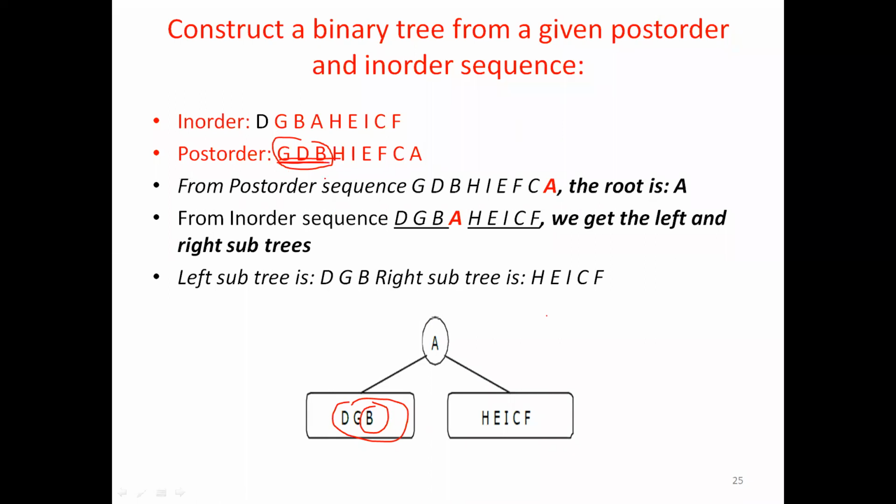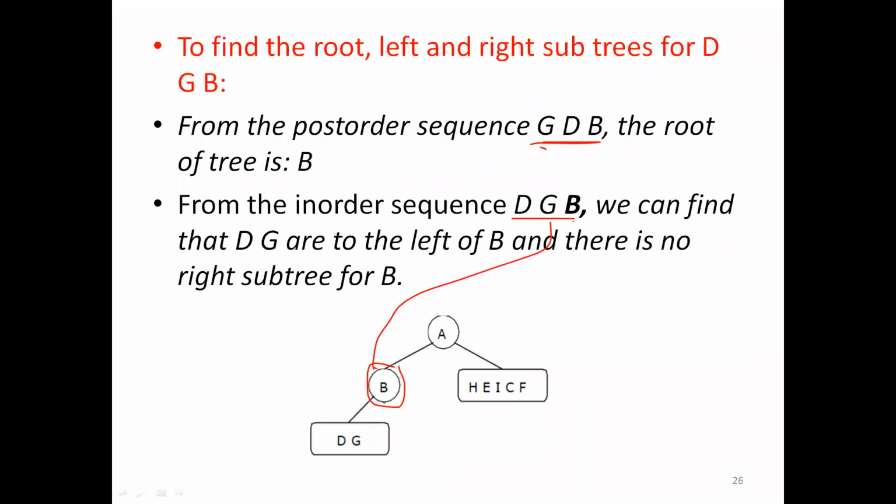So I conclude B is the root node, and I am also looking at the post order sequence. Before B, I have G and D, nothing but the left subtree. So that's what is written here, right? Before B, there are some nodes that I call the left subtree. After B, I call that the right subtree.